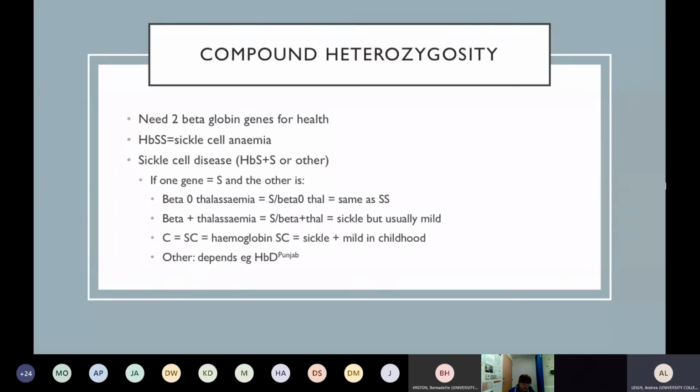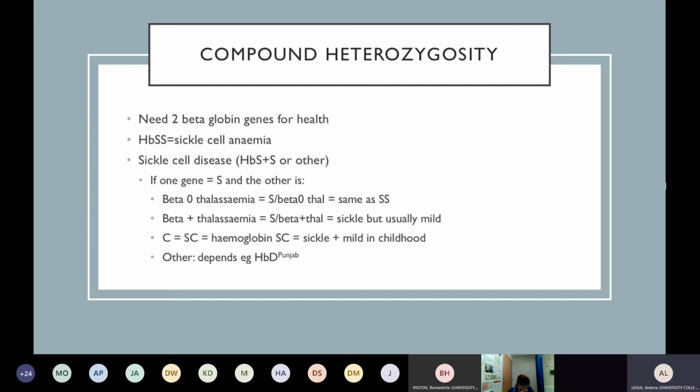As Bernard was alluding to, there's a spectrum of disorder, and you can't always tell exactly from the genotype how children are going to behave and what complications they may or may not have. Many children within our clinics have very, very few complications through childhood, and then there's the other end of the spectrum, where some have complications and are quite severely affected from early on in childhood.